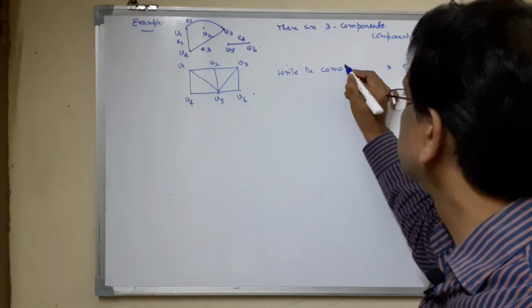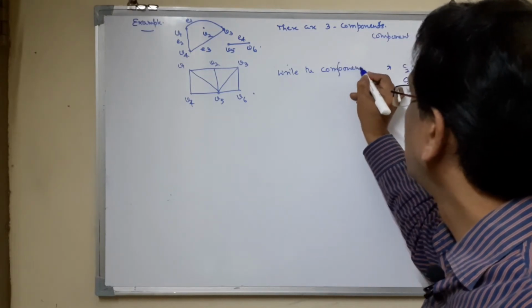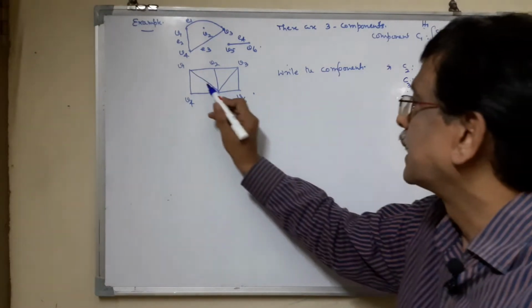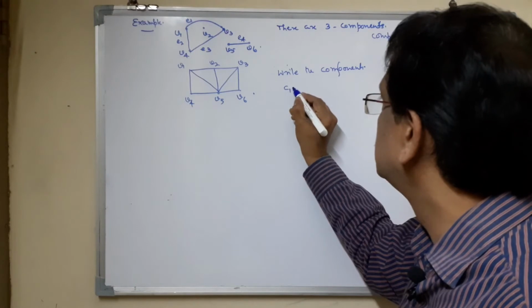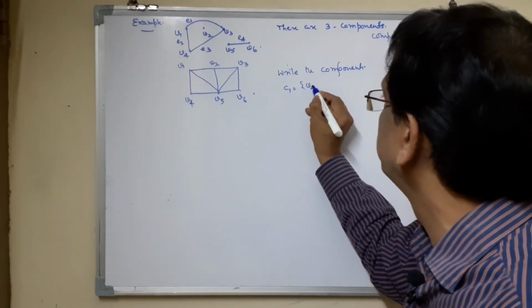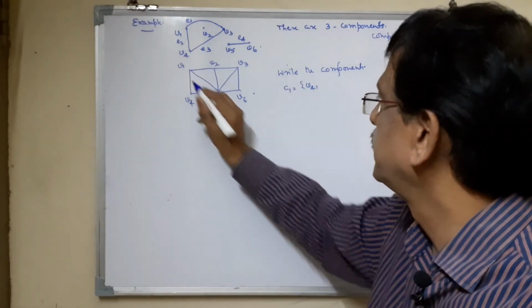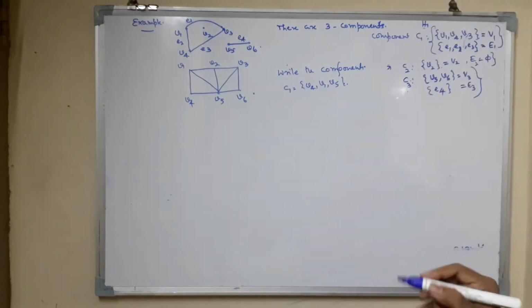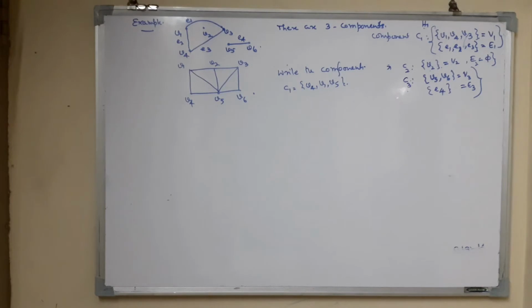How many components are there? What are they? For example, can I write V1, V4, V1, V5? Will it be a component? Is there any other component bigger than this? So just try whether this is a component or not.